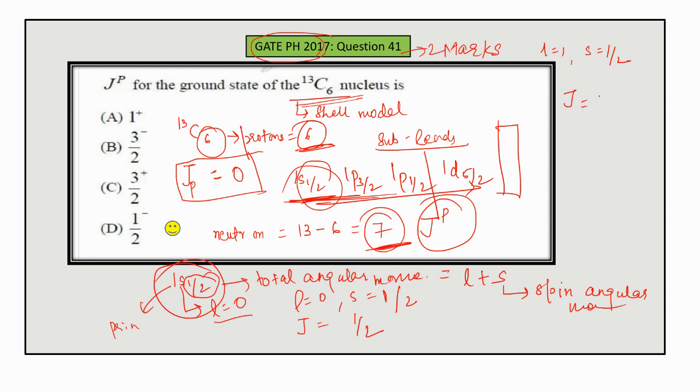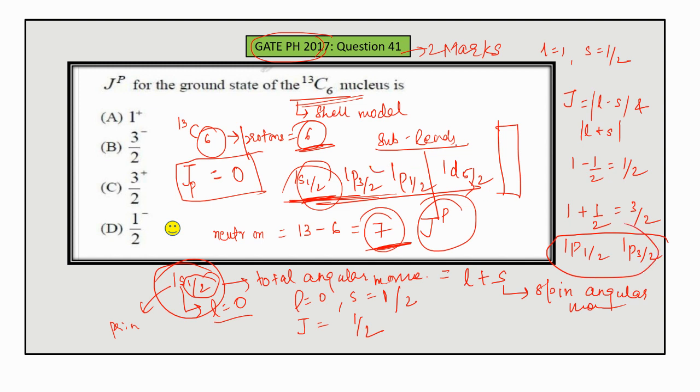J can have two values, L minus S and L plus S. 1 minus 1/2 is 1/2, and 1 plus 1/2 is 3/2. So we have 1p 1/2 and 1p 3/2. These are the two states defined here.